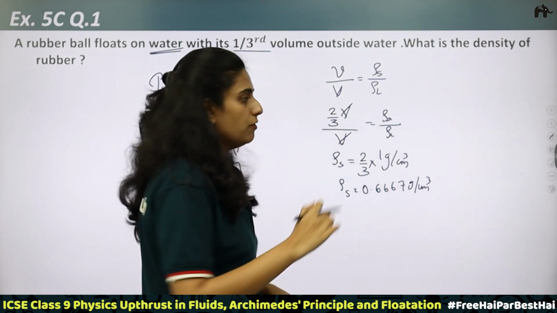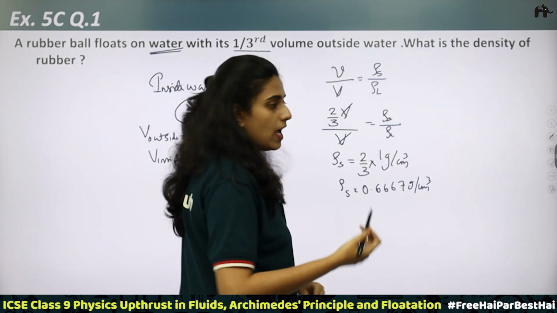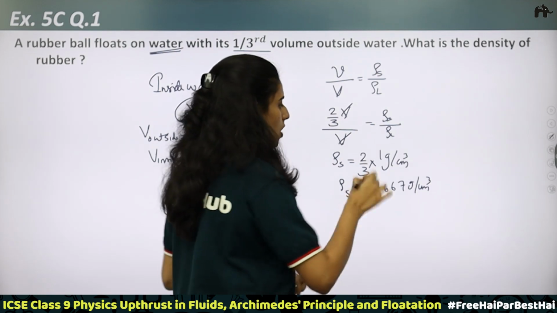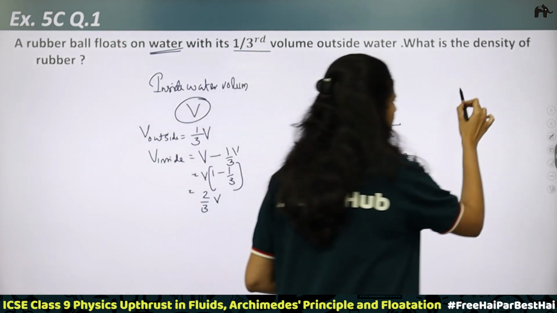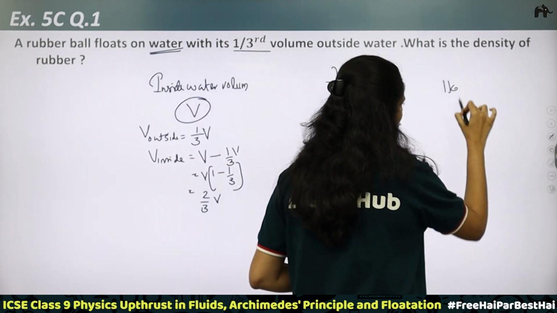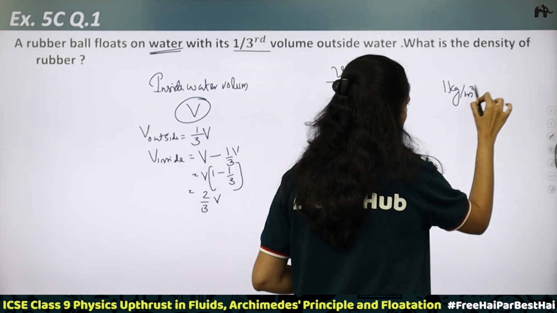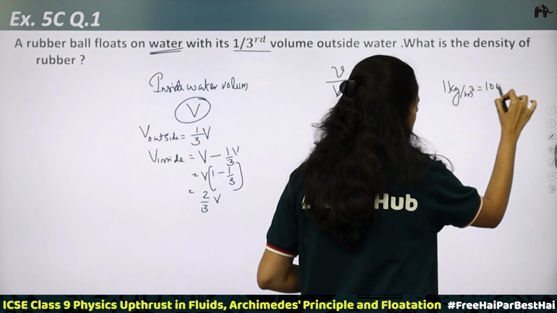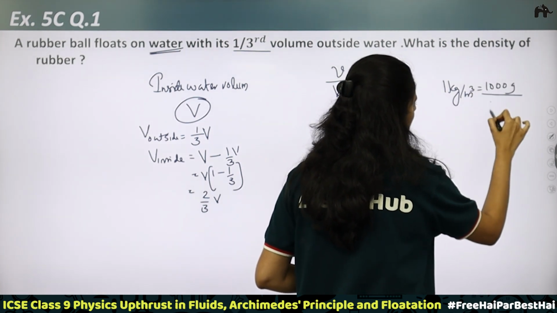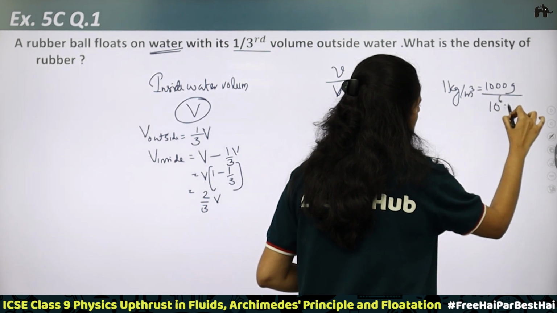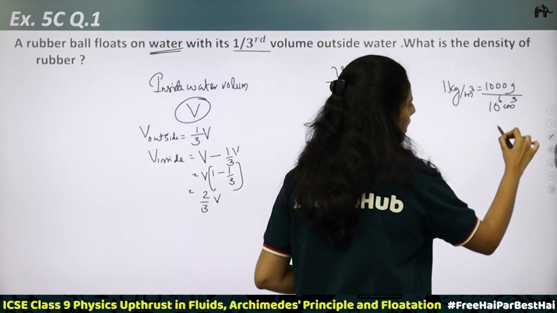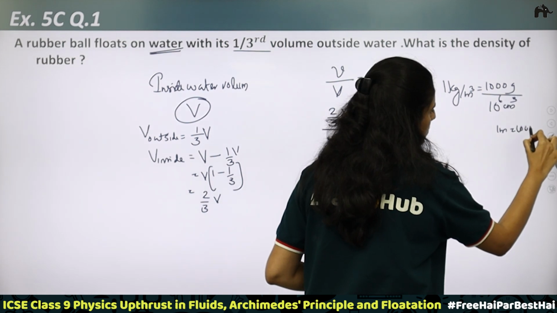If you need to convert it into kilogram per meter cube, how to do it? We have 1 kilogram per meter cube is equal to 1000 gram per 10 raised to 6 centimeter cube. 1 meter is 100 centimeter.